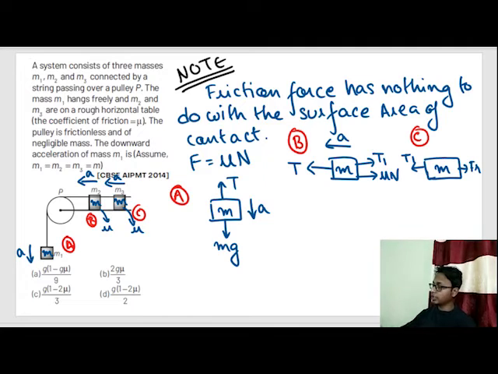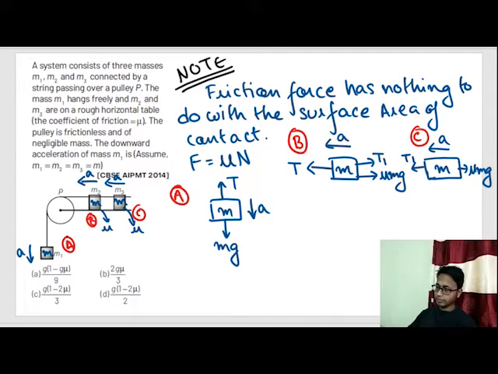Since the body is already slipping with acceleration a, the value of friction force is mu N, the maximum available. By now I know N is equal to mg. This N and this N get substituted by mg. I assume you have practiced enough so that I can do this.